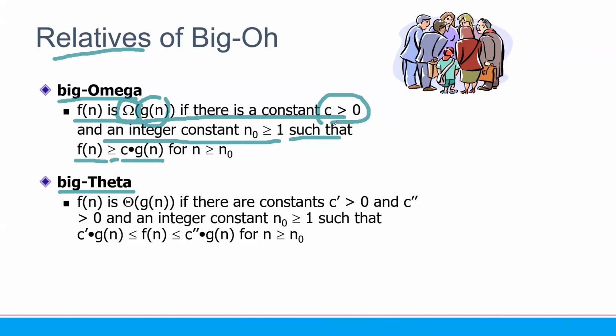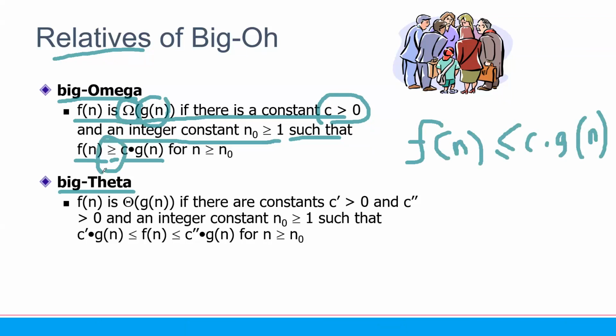If it is the big O notation, Fn is less than or equal to C multiplied by Gn. But if it is big omega, it shows greater than or equal to.